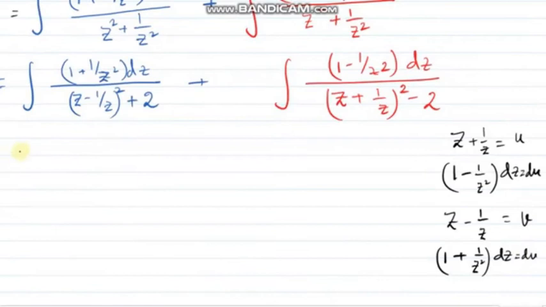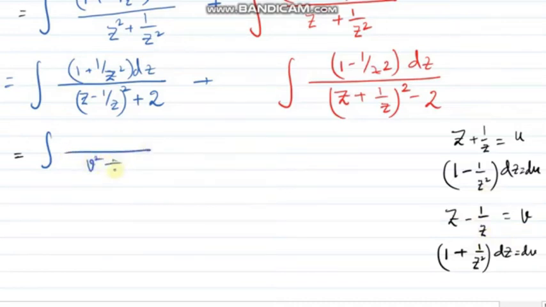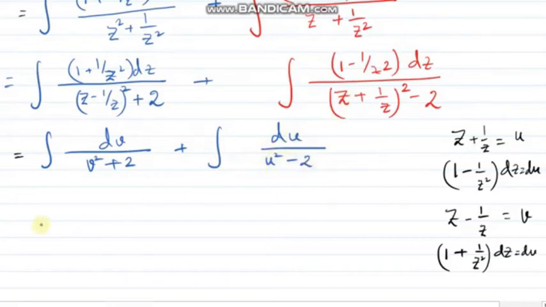So the first one will be, just check, the integration of dv divided by v square plus 2, and the second one is u du divided by u square minus 2.